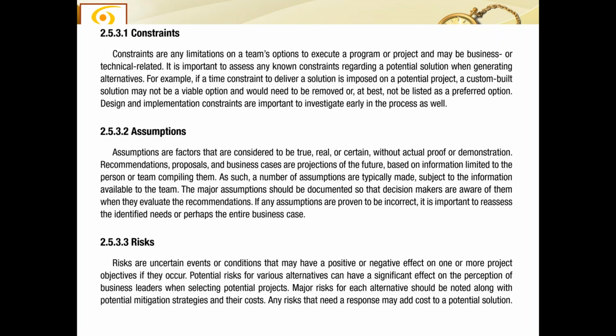Assumptions are factors that are considered to be true, real, and certain. Now, this is very interesting. Although assumptions are assumptions, we are not sure what figure to take. For example, I am trying to calculate how to construct a house, and I don't know how a specific job in construction of a house is done, and nobody is there to tell me.